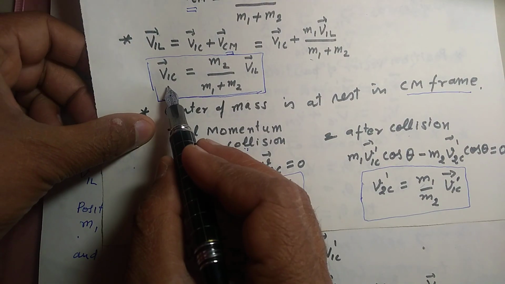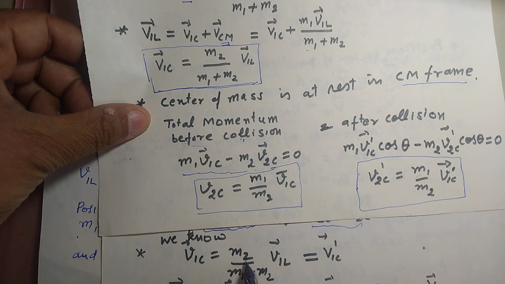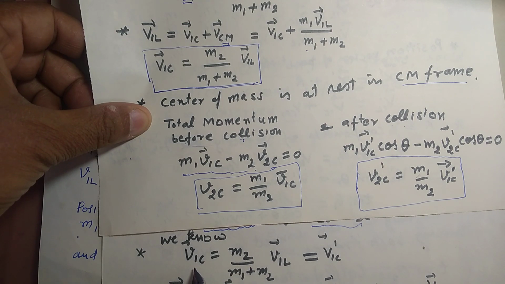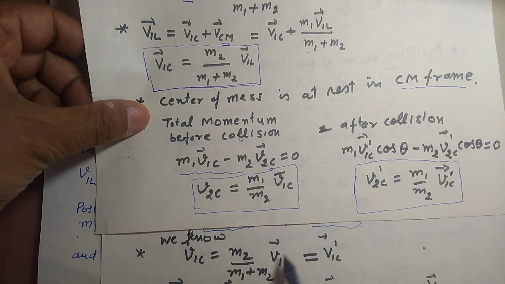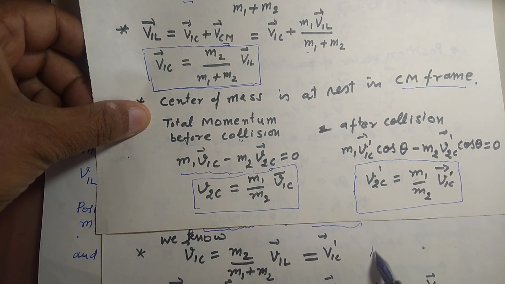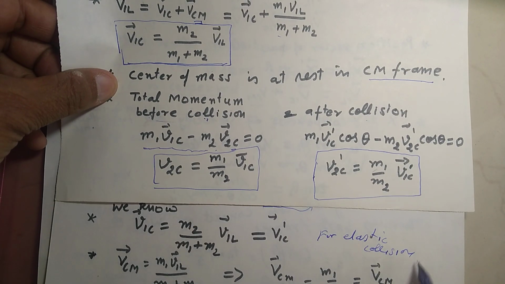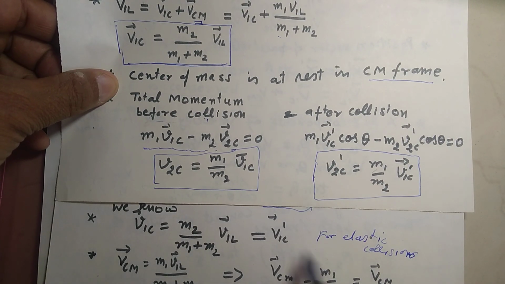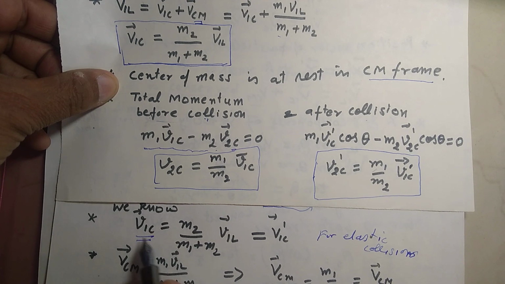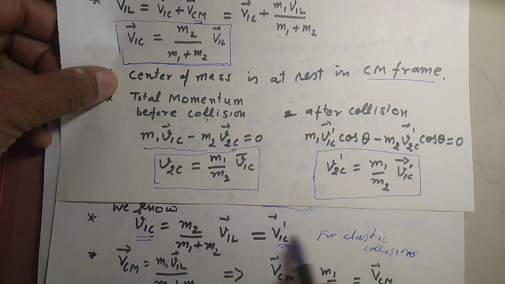This is the value of v1c, the velocity of the m1 particle in the center of mass frame. So for elastic collisions, I can equate that v1c must be equal to v1c prime. They are the same.